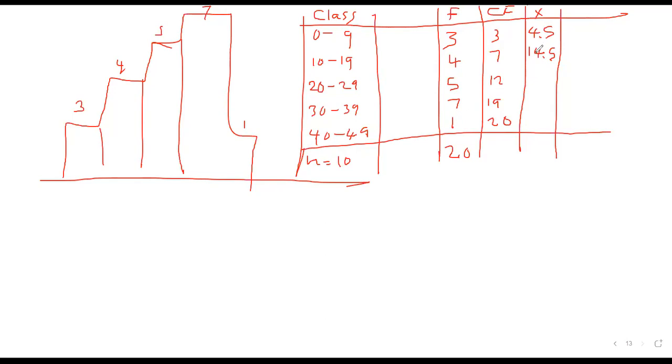Then keep adding 10. Plus 10, 14.5. Plus 10, 24.5. Plus 10, 34.5. Plus 10, 44.5. You can still add this plus that divided by 2. It's the same answer you're getting.